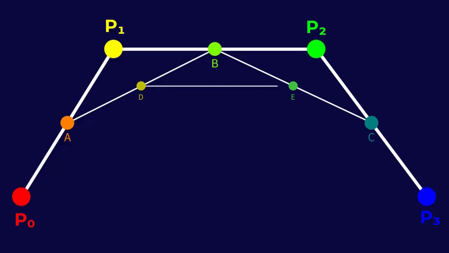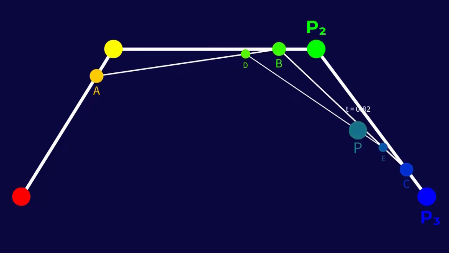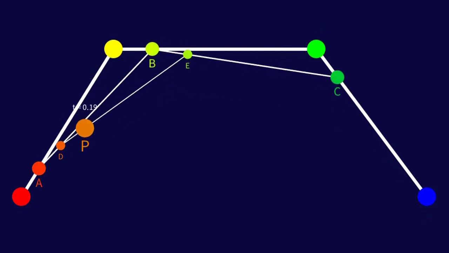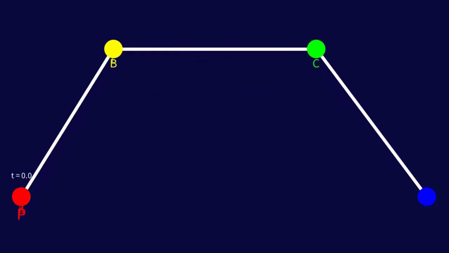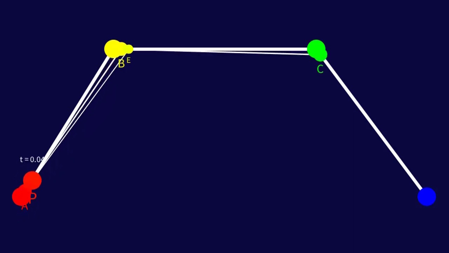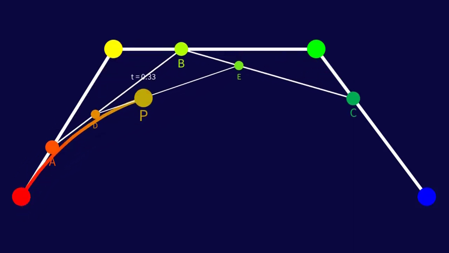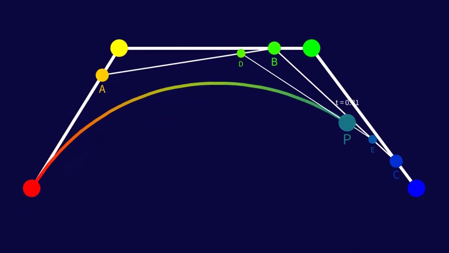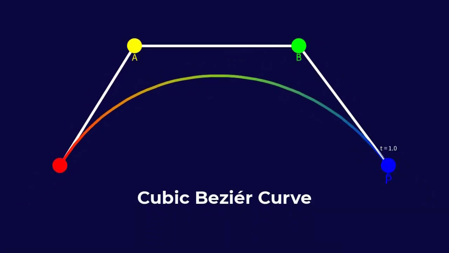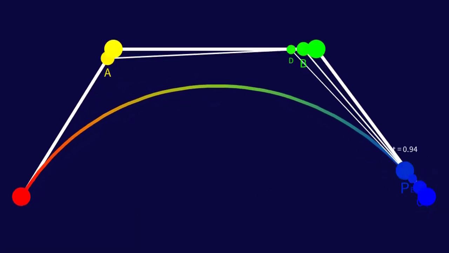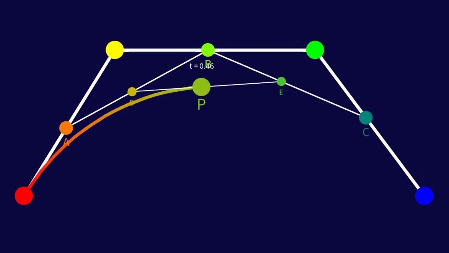A point P lerps between D and E. Adjusting the t value from 0 to 1, you'll observe P following a distinctive path, creating a cubic Bezier curve. This is the most common type of curve used in computer graphics.